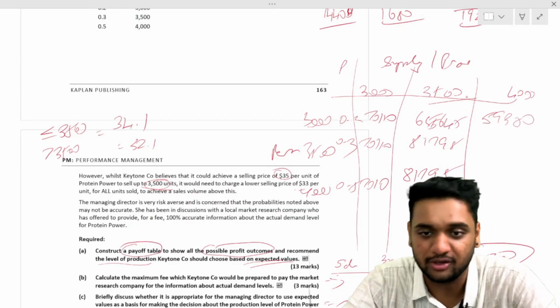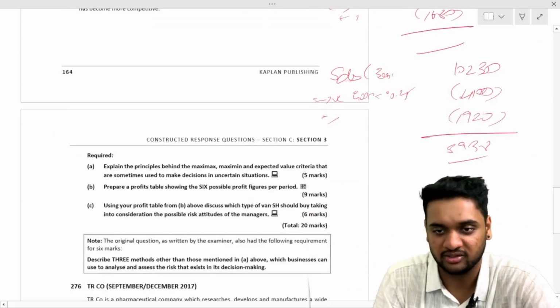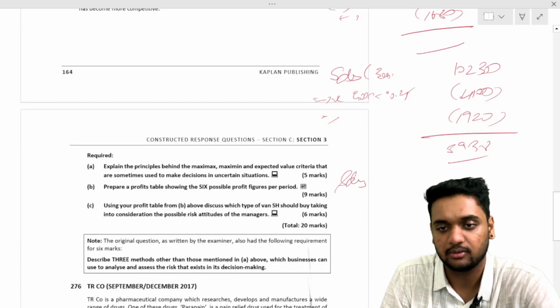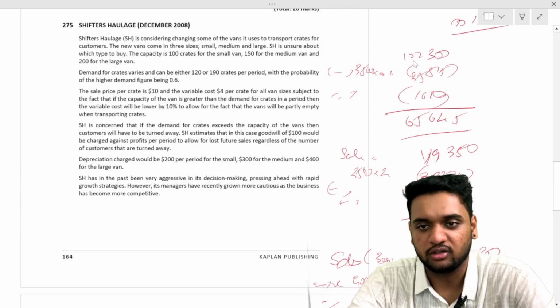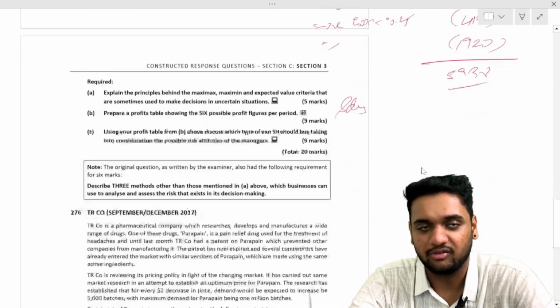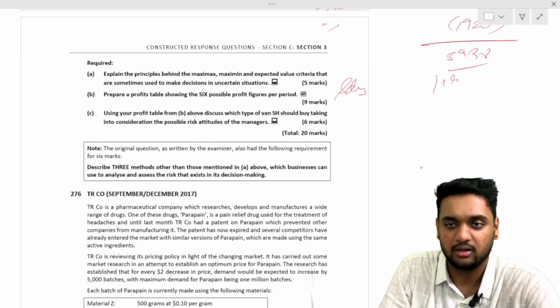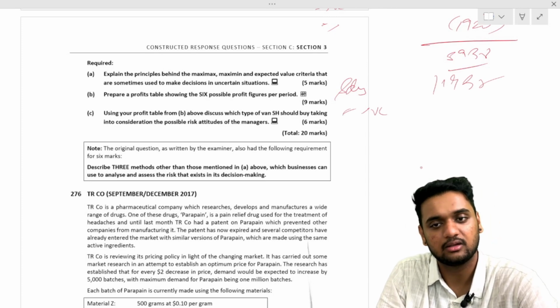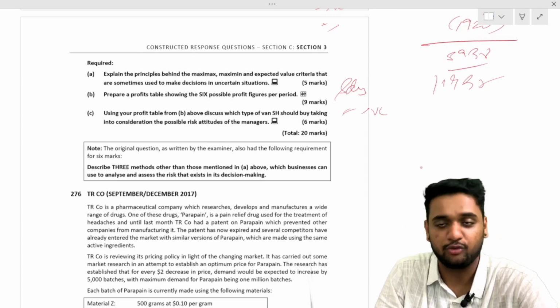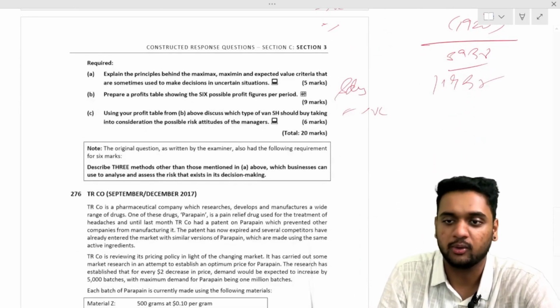We are producing 4,000, selling 3,500 units, so what will be your sales? 34.1 into 3,500, that is 1,19,350. 1,19,350 minus variable cost. Variable cost is for 4,000 units. Copy paste from above, 41,000.